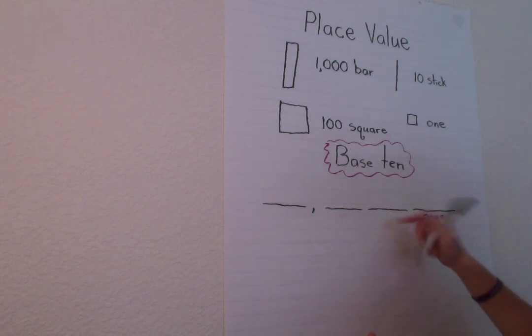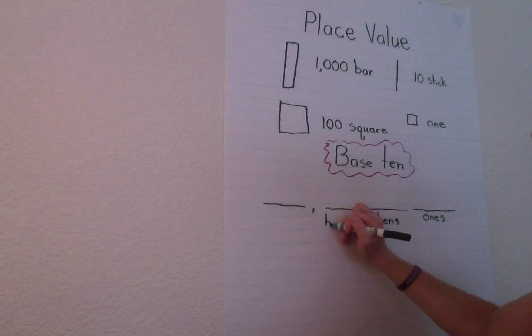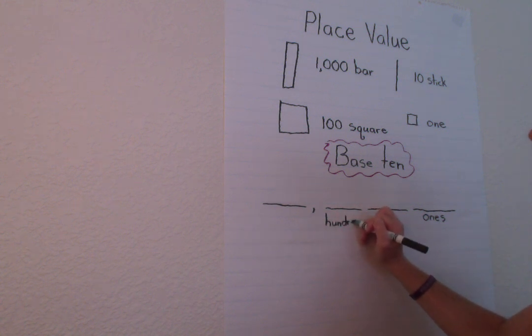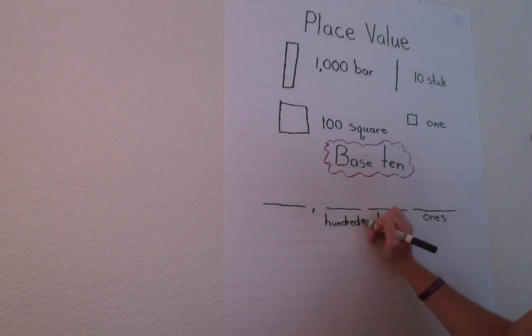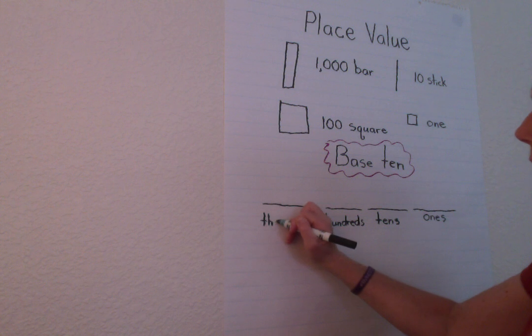The place to the left will be the tens, hundreds, and I bet you already know what comes next. The 4th place over will be our thousands place.